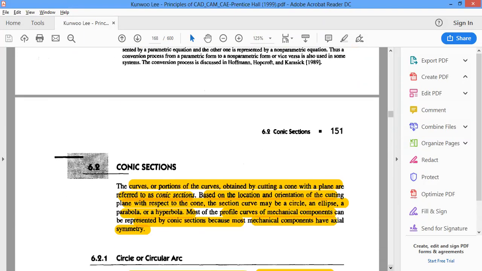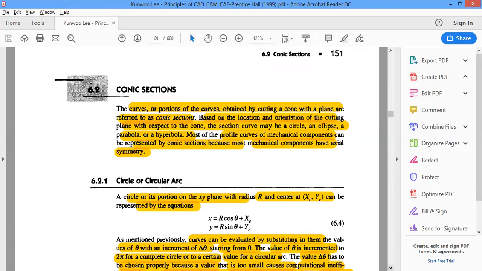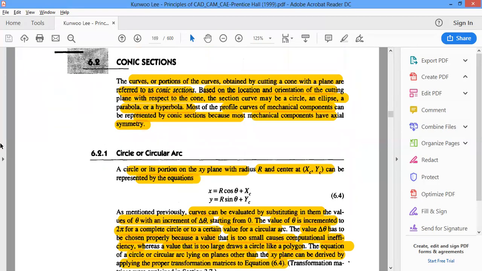Okay, and next we shall go in for the conic sections. In the conic sections, what we generally have, usually most of the shapes we come across. So if we have a cone that is being drawn, now cutting this cone in different forms will give us different sections.